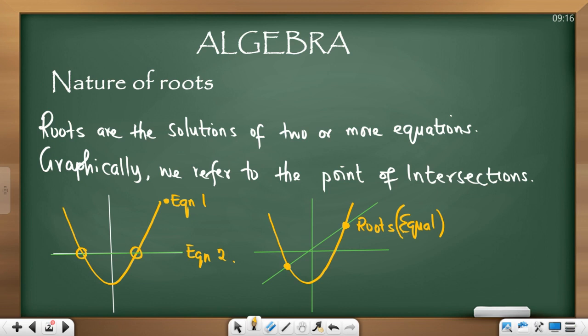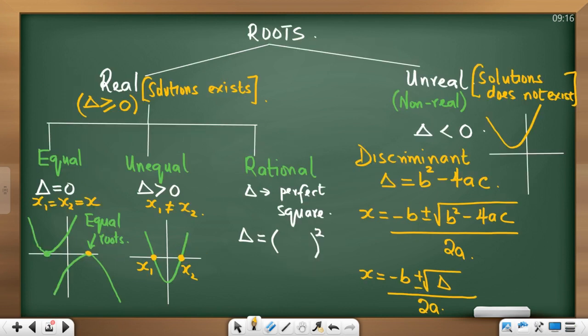So roots are solutions, and there are two types of root, real and unreal. Under real, we talk about equal, unequal, rational. Equal is discriminant equal to 0, unequal is greater than 0, rational is being a perfect square. I hope we get examples today. And unreal, our discriminant is less than 0. What is your discriminant?